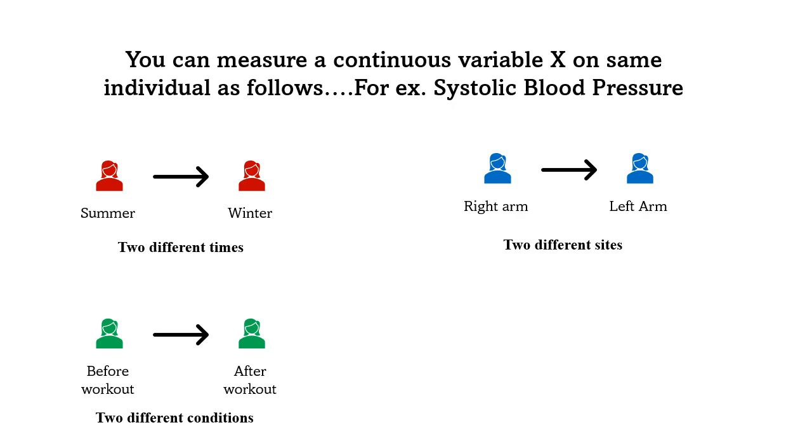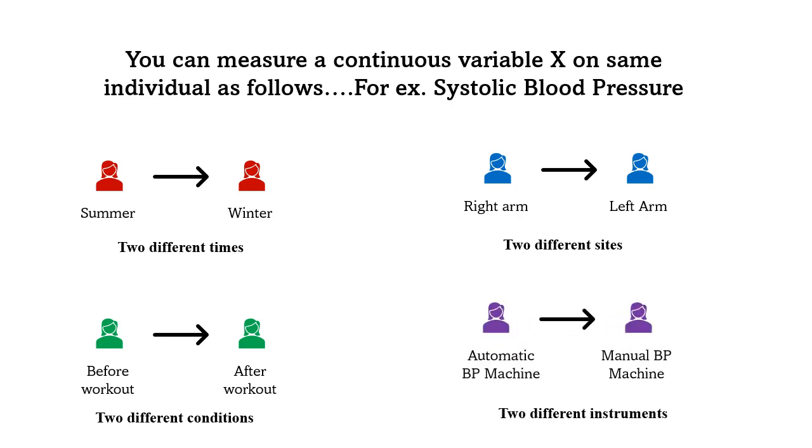And then there is another condition, like when you are using two different instruments, one automatic BP machine and the other manual BP machine, and if you want to see whether there is any difference in the systolic blood pressure between these two instruments, then also we can use paired t-test.